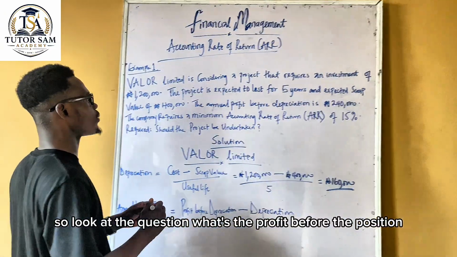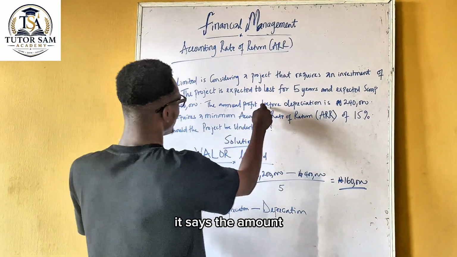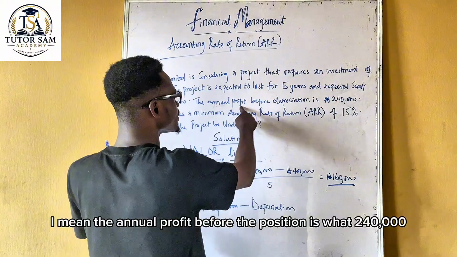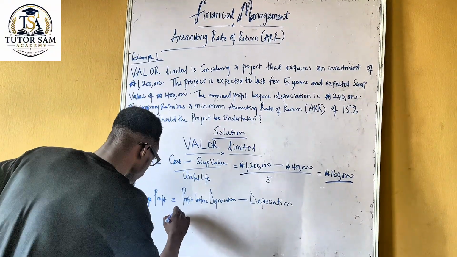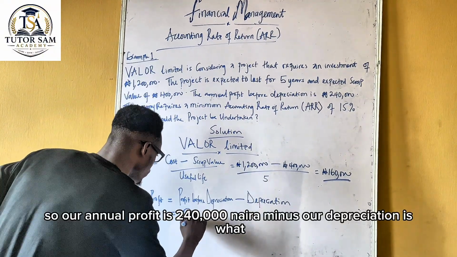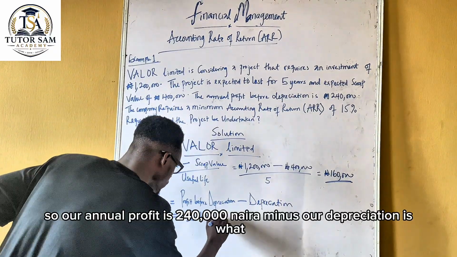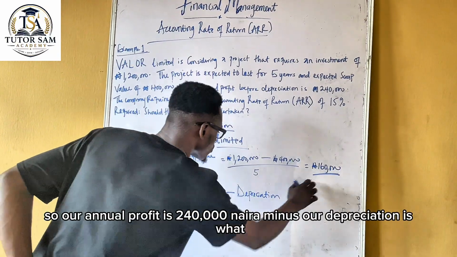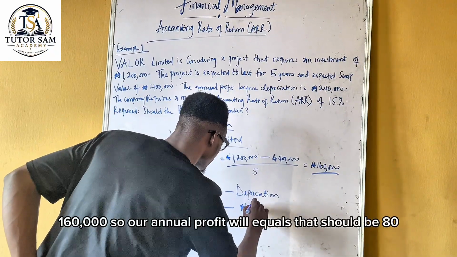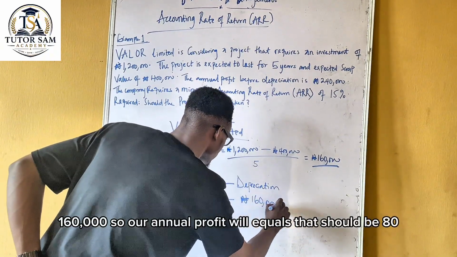So look at the question. What's our profit before depreciation? It says the annual profit before depreciation is what? 240,000. So our annual profit is 240,000 naira minus our depreciation, which is what? 160,000.